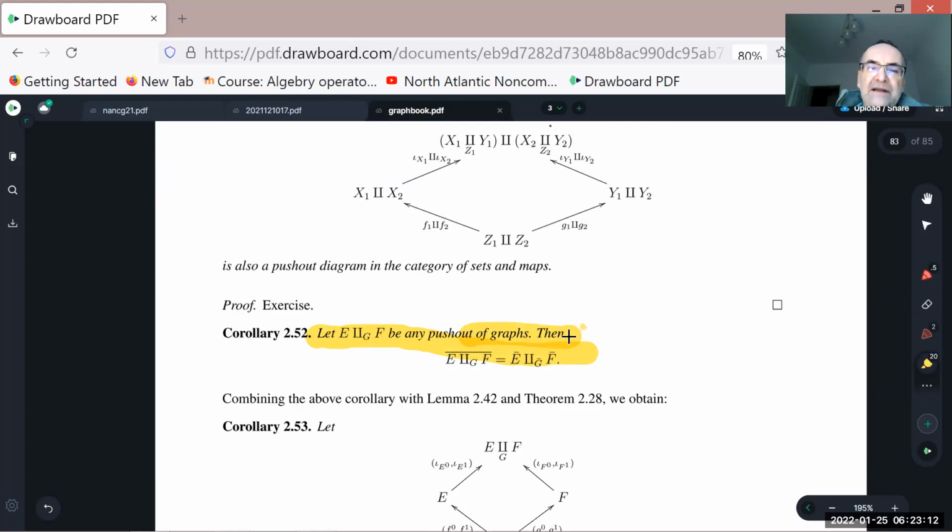Okay, I hope it is obvious. I think it was Niklas who was proving that if we simply define the push-out graph as the push-out of vertices and the push-out of edges with the appropriate induced maps, then indeed this is a categorical push-out in the category of graphs and graph homomorphisms. Okay, so we might as well take this explicit construction.